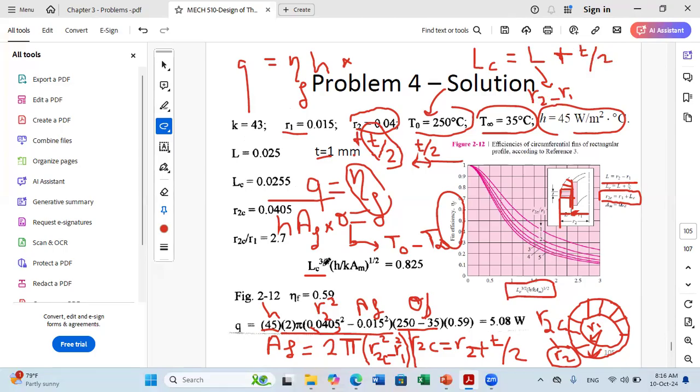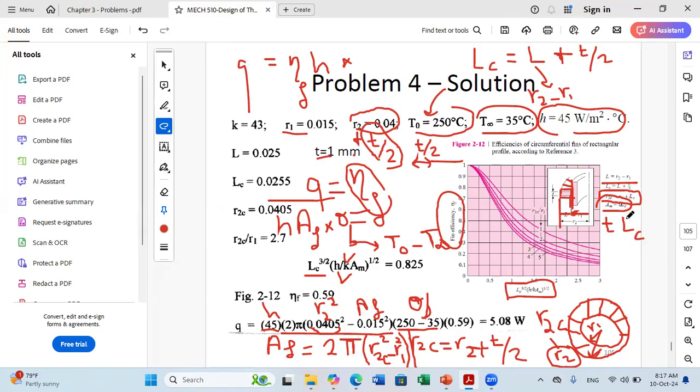So this is how I calculate the corrected length LC. And I do LC to the power 3 over 2 times H, the convective coefficient, we know it. K is the conductivity of the fin material. And AM is defined here in the graph. AM is calculated as T times the corrected length.